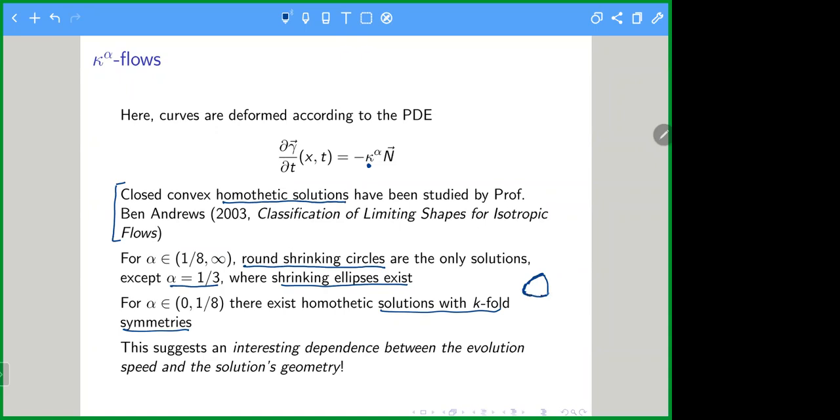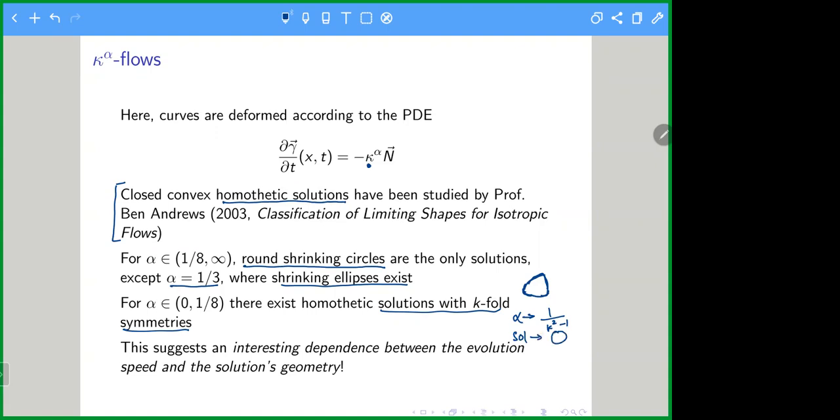I think the paper also mentions that as alpha goes down to 0, these shapes converge to polygons. And I think if you have a k-fold symmetric solution, as alpha converges to 1 over k squared minus 1, the solution converges to a circle.